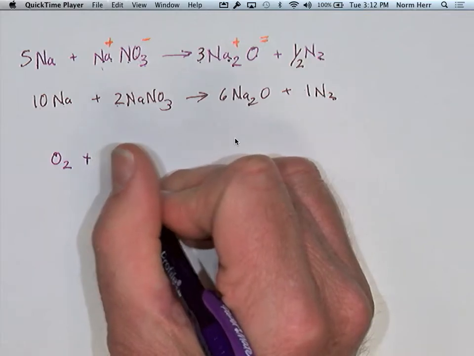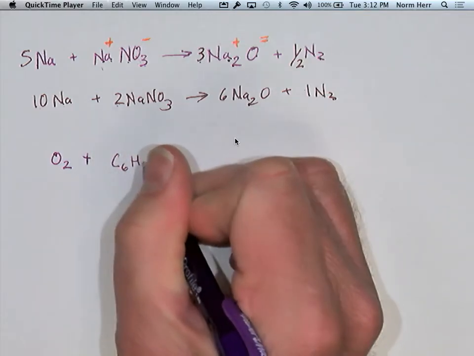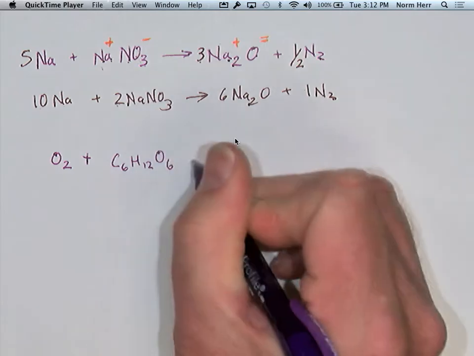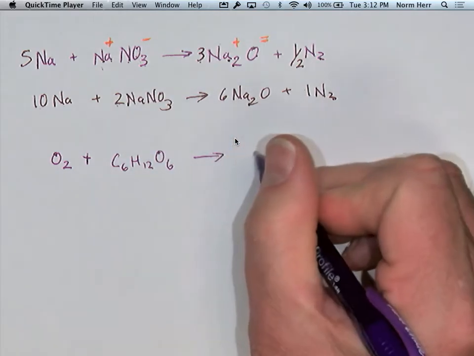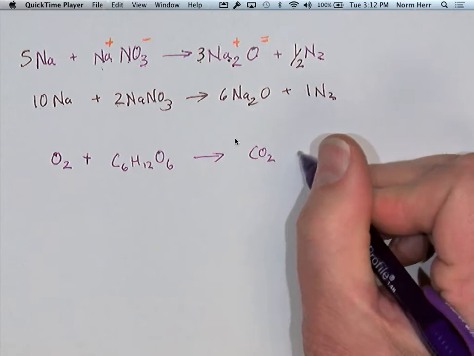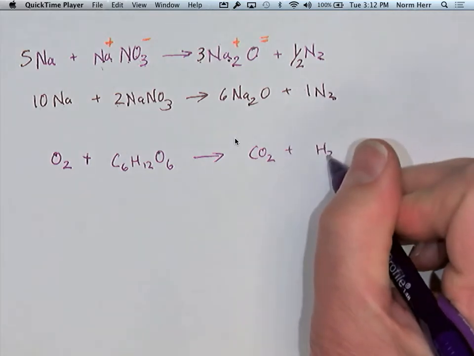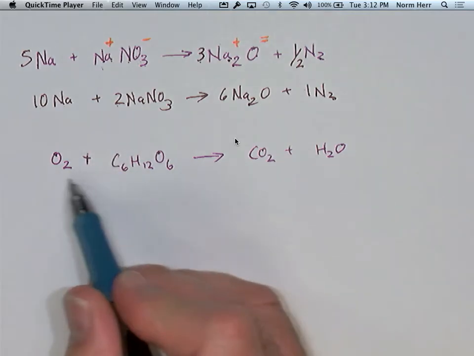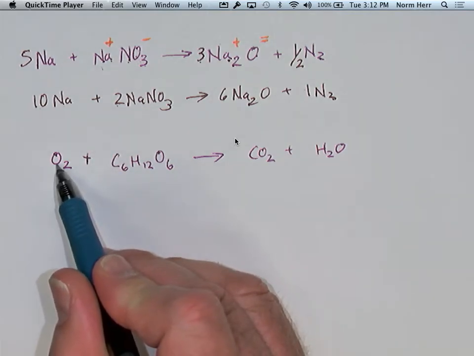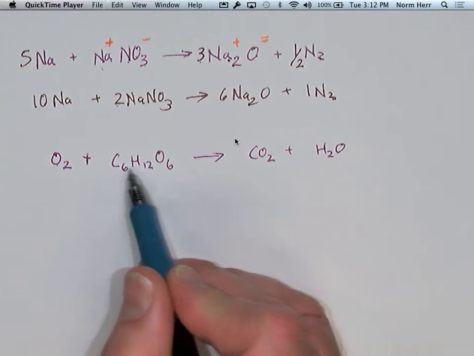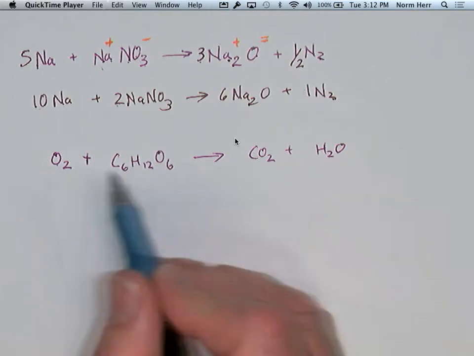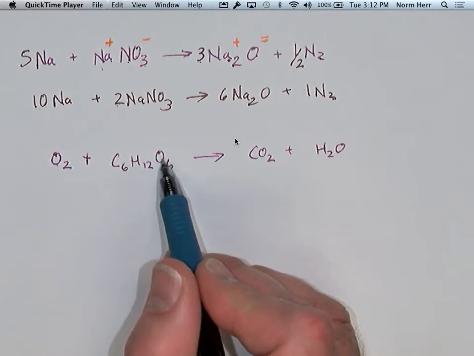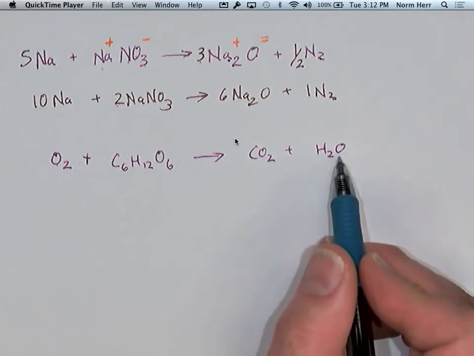So oxygen is going to combine with glucose, and the product from this is going to be carbon dioxide and water vapor. We know that the reason we breathe is to inhale oxygen so that it can oxidize glucose, in other words, liberate energy from glucose to produce carbon dioxide and water vapor.